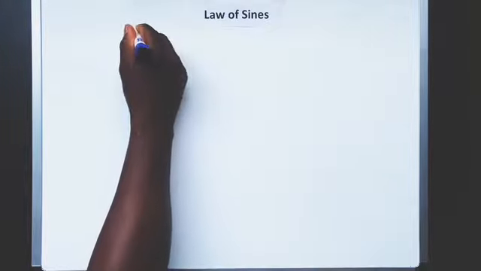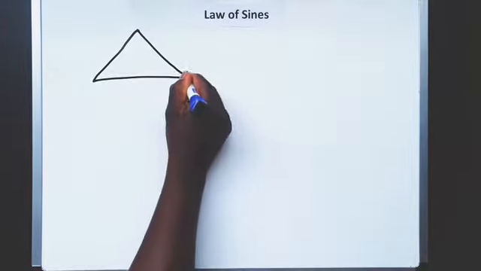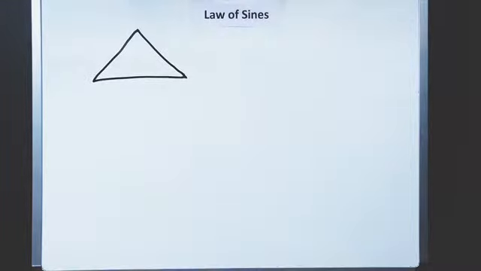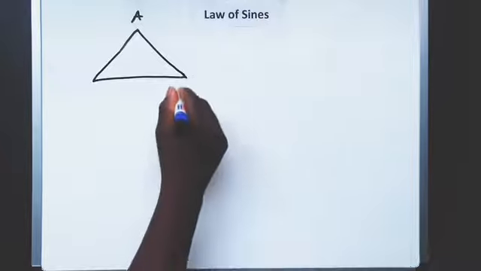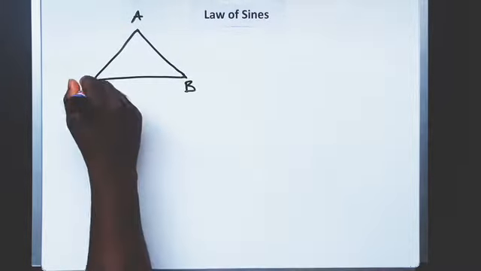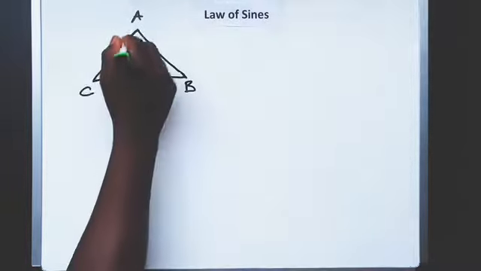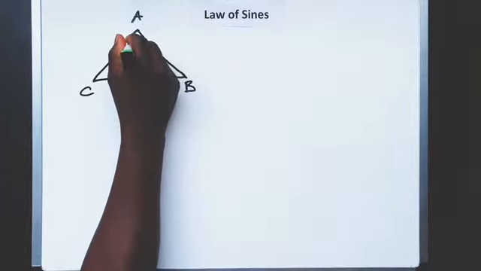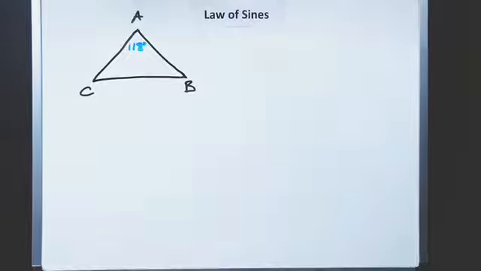Here we have a triangle, and it's not drawn to scale, but we have A, B, and C for the angles. It tells us that this angle here is 118 degrees.